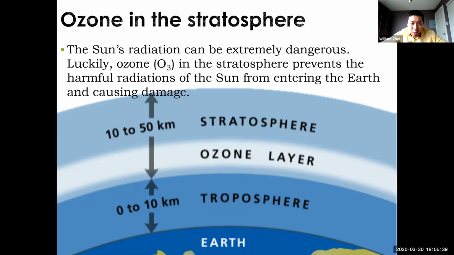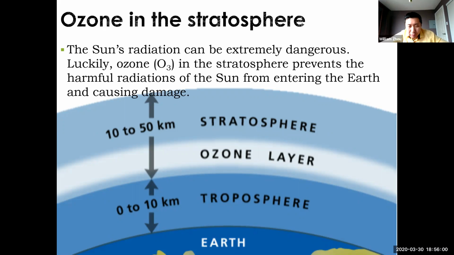All right, so ozone in the stratosphere. This is something that we want, okay? We learned that we are in the troposphere. The layer above the troposphere is the stratosphere. Now, that layer contains ozone, ozone being O3, 3 oxygens bonded together.